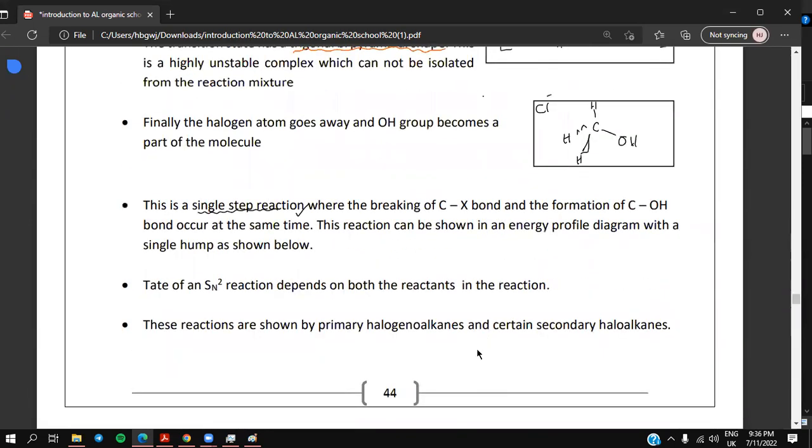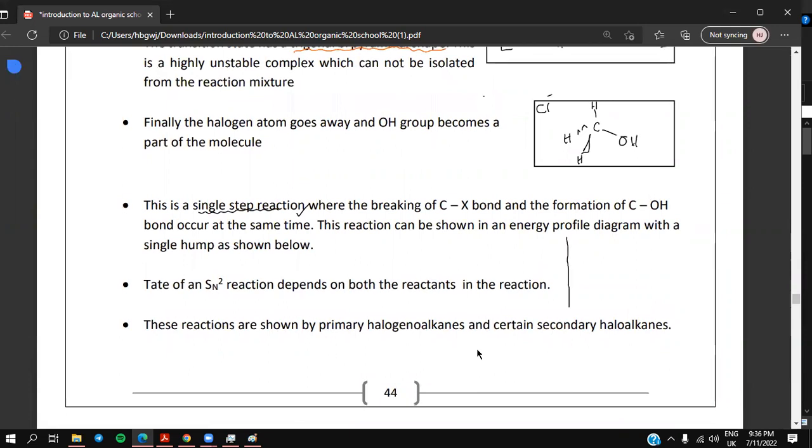I can show over here a graph, an energy level diagram. Assuming that this is an exothermic reaction, I draw reactants at a higher energy level, products at a lower energy level because it's an exothermic reaction.